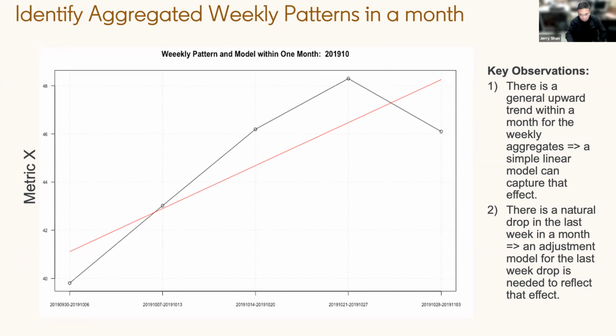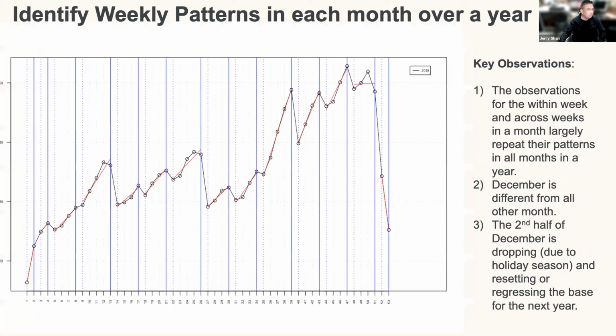So from this visual, we can see some suggestions. We want to examine the data patterns not only on a weekly basis, but also on a yearly horizon. Here we have a 53-week year time frame. Each panel is defined by a blue dotted horizontal line and a solid line, which defines a month.